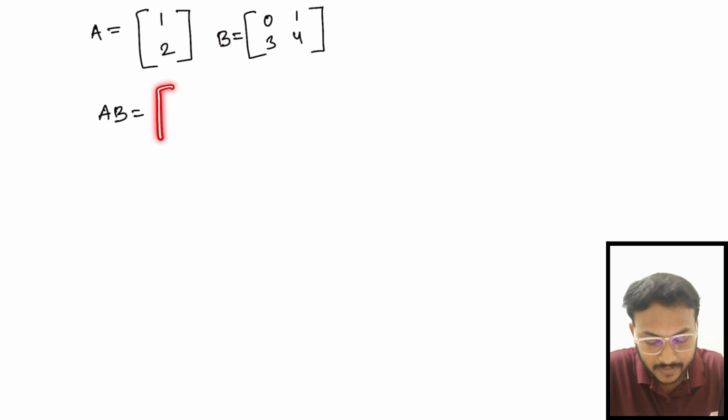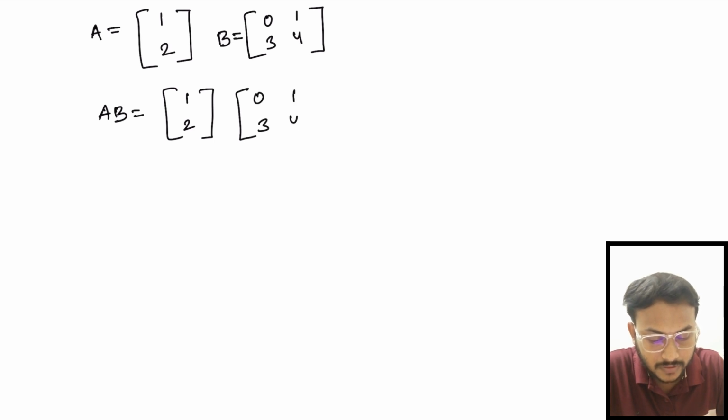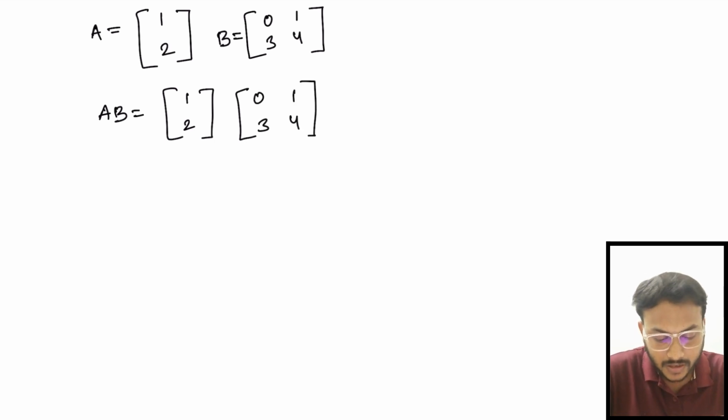Okay, let me write the matrix here. 1, 2, 0, 1, 3, 4. So in the first row only one element is present, and in the first column 2 elements are present.